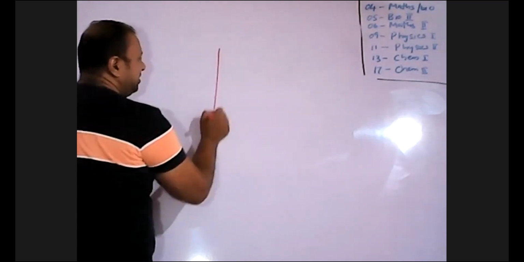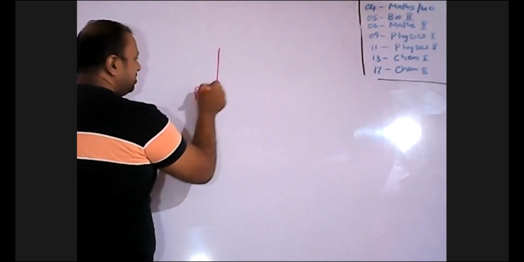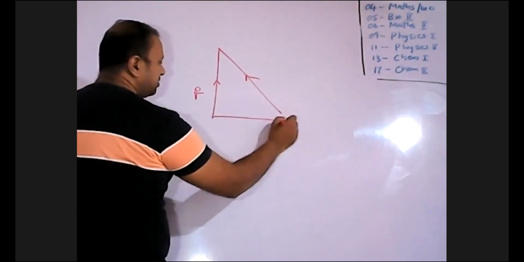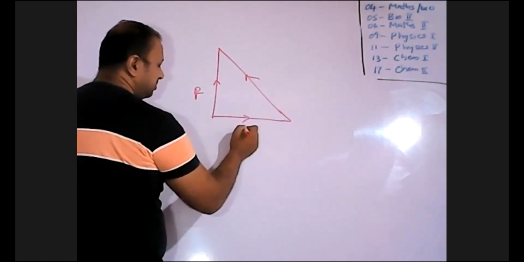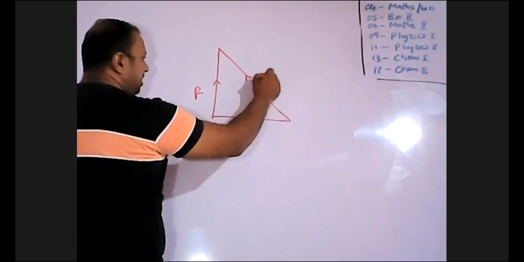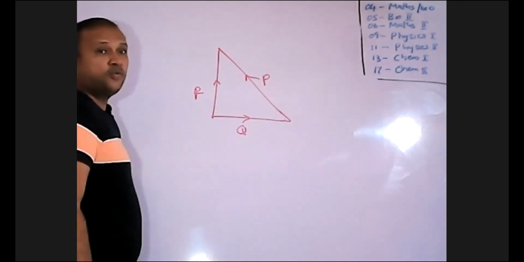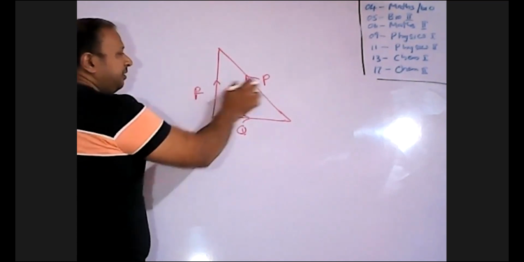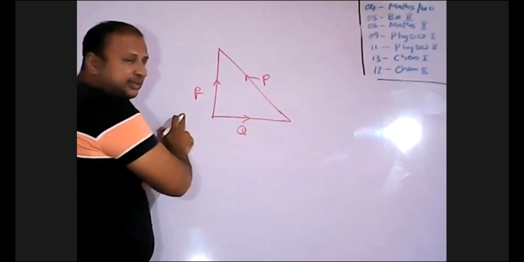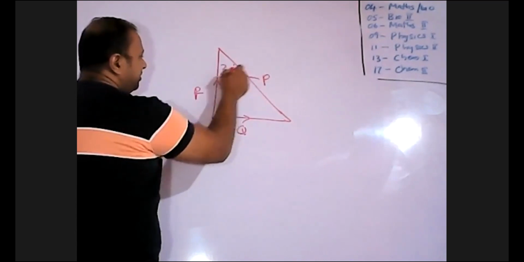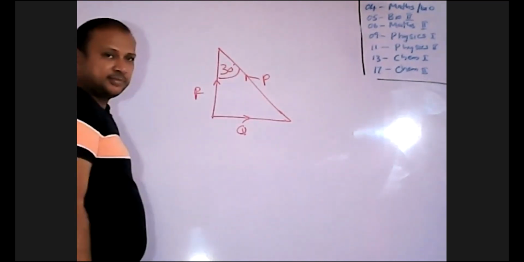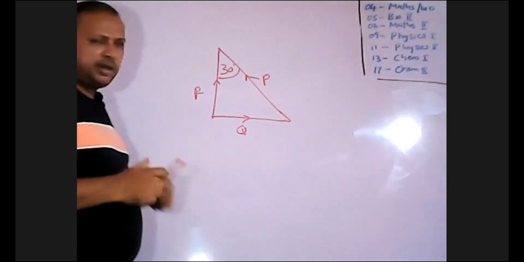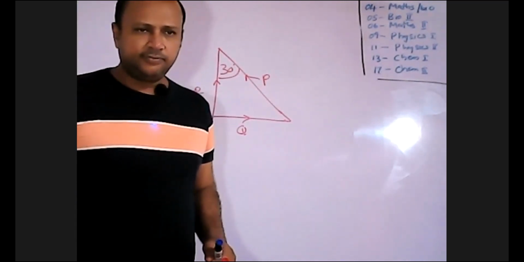This is the resultant force. This is the larger force. This one is the smaller force. Now we are given that the angle between the larger force and the resultant is 30. That means this one is 30.